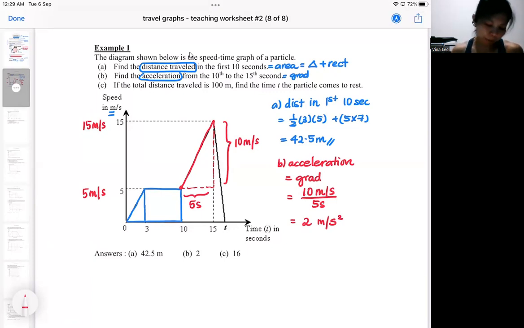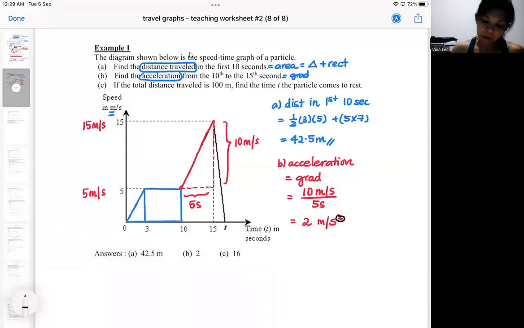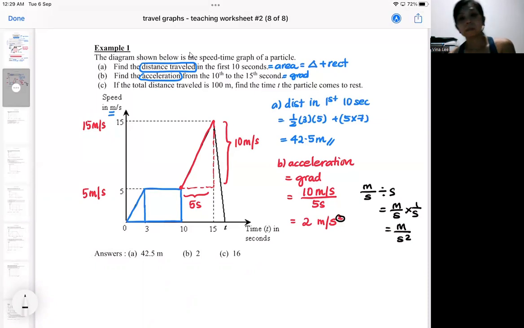Some of you may be a bit confused why there's a square. It's something like m divided by s divided by s. So that's how we get s squared. That's the units of acceleration. Or some people can express it in indices in this way. So it's not a must.